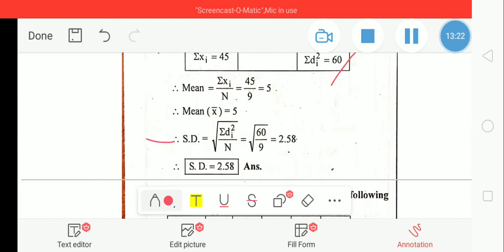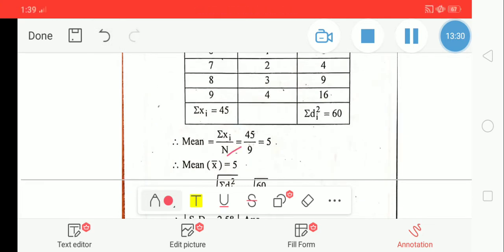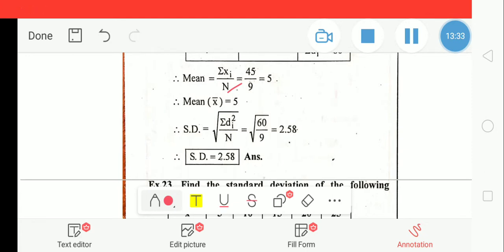So standard deviation is under root summation di square divided by n. N is 9. So 60 divided by 9 under root, that is 2.58. So the standard deviation is 2.58.